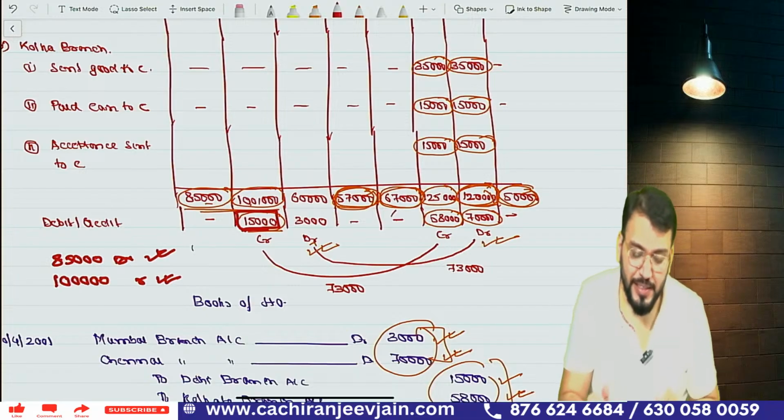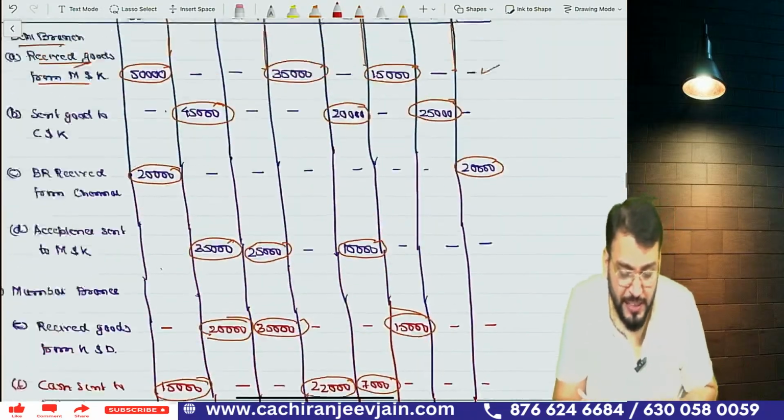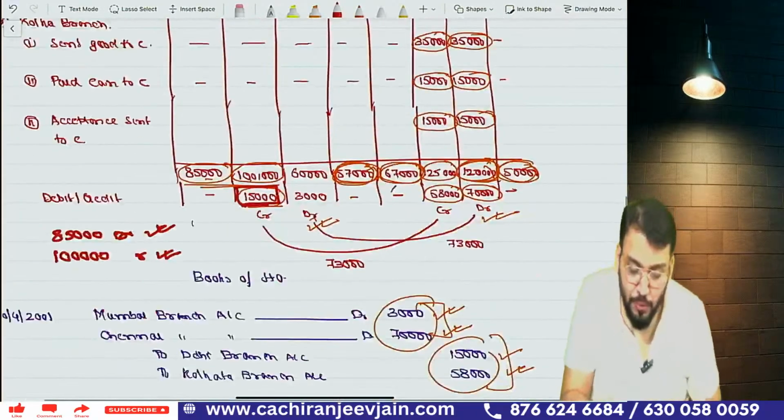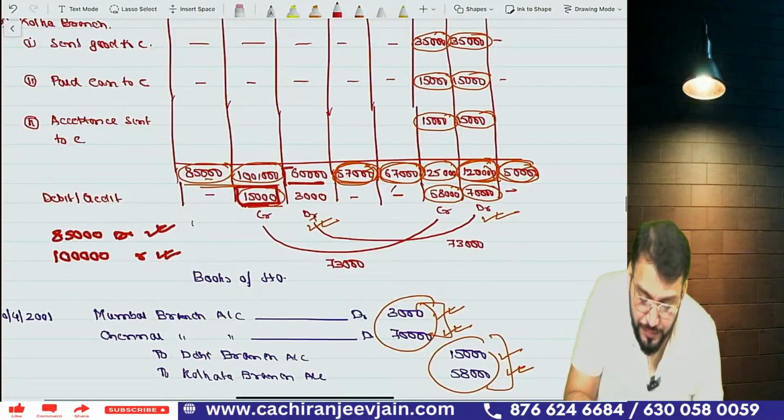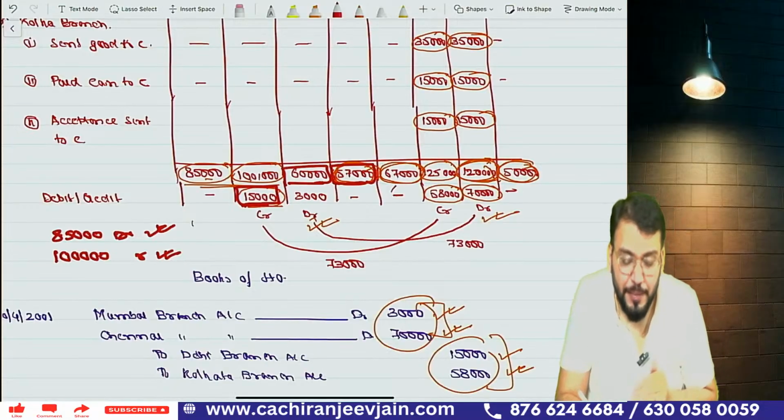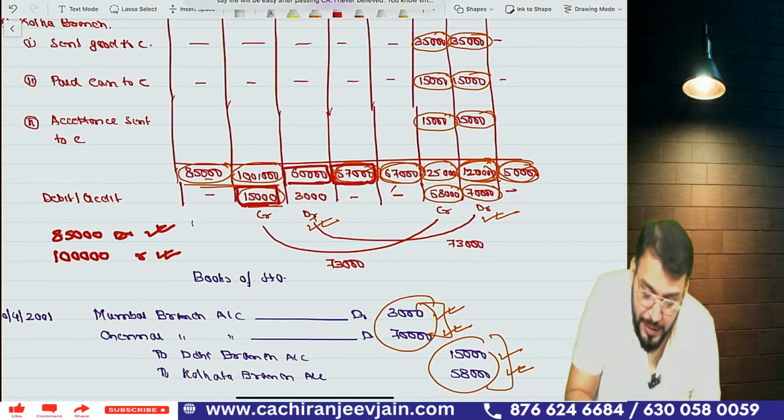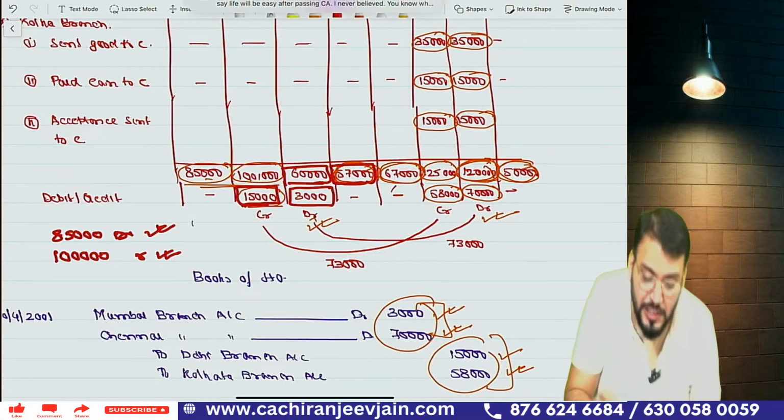Yes, sir. Similarly, if you see the next branch, Mumbai branch is debited by 60,000 and credited by 57,000. So instead of debiting 60 and crediting 57, let us debit only 3,000. So we'll debit Mumbai branch with only 3,000.